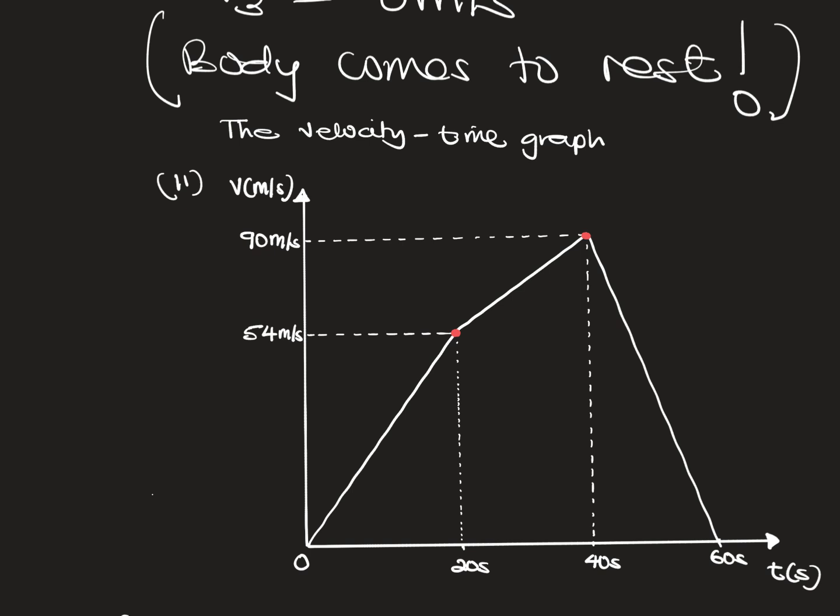The final velocity at the end of the second interval is 90 meters per second. So V2 equals 90 meters per second. And we know that the time in the second interval was just 20 seconds.